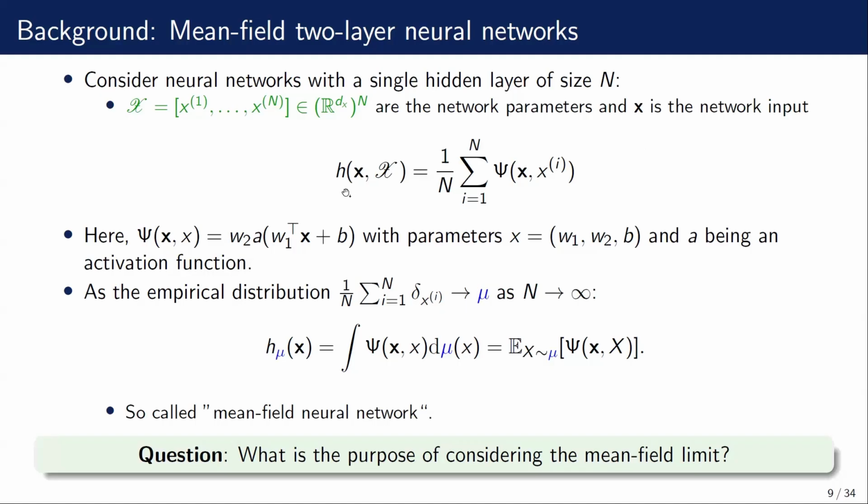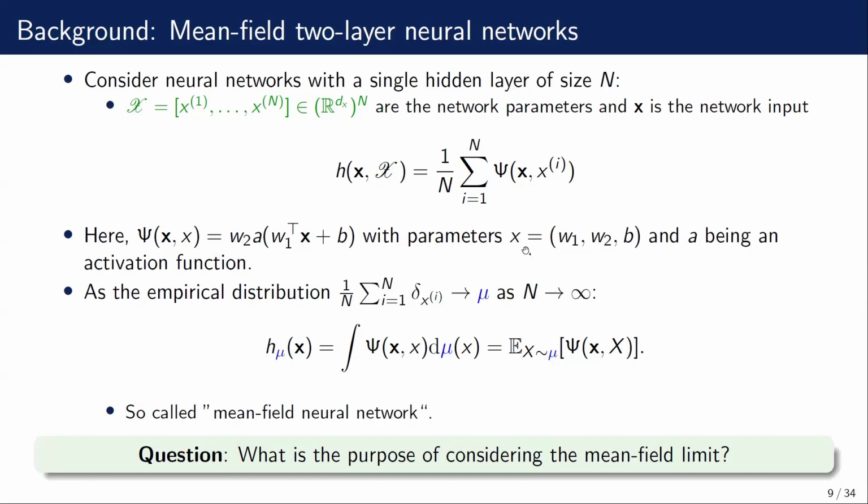So your two-layer neural network can be written as an empirical average over psi of x superscript i, where psi of bold-faced x is a two-layer neural network with only one neuron.